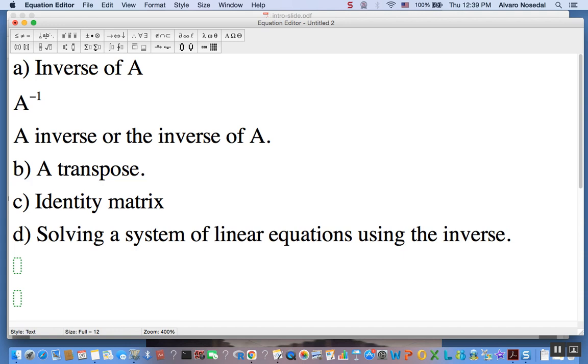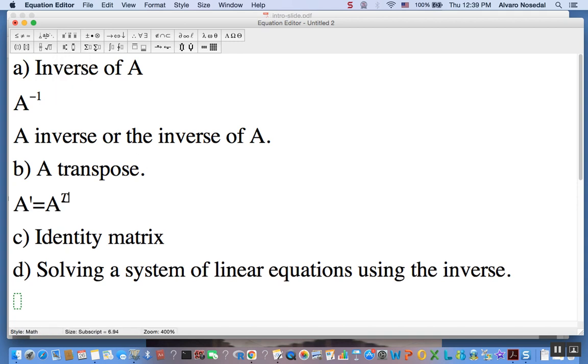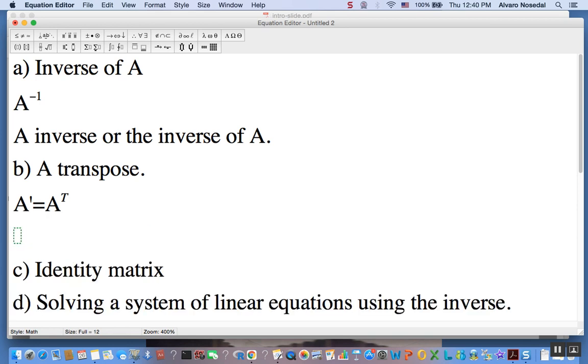So the new matrix is going to be designated with a prime or a superscript of T as follows. So A prime would be A transpose, or we could use this notation, A superscript T, and again that's just A transpose.